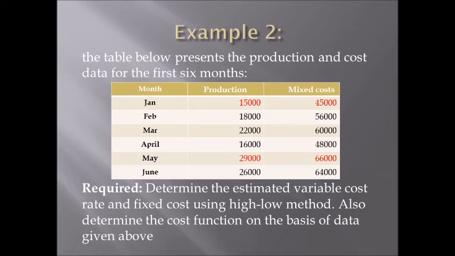Highest level of activity, you will find it in May, at 29,000, and its corresponding mixed cost equals 66,000. And we must also determine the lowest level, at January, at 15,000, and its mixed cost 45,000.